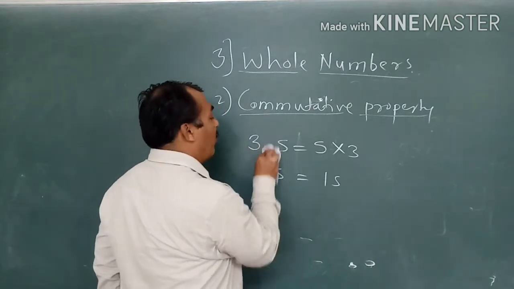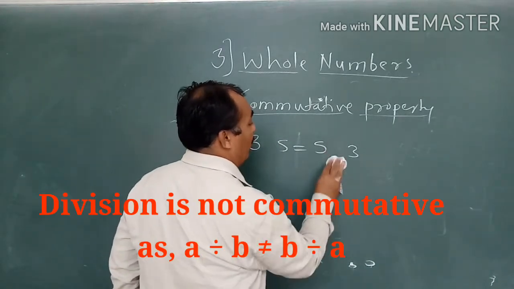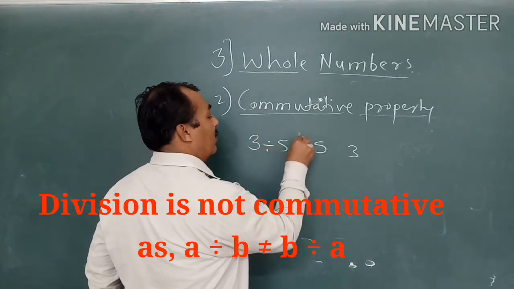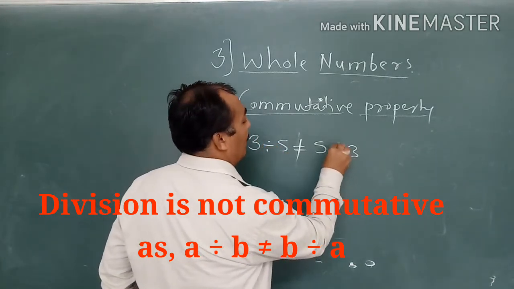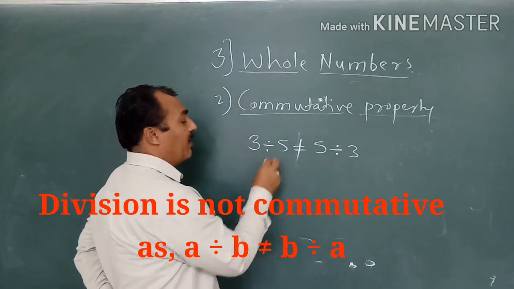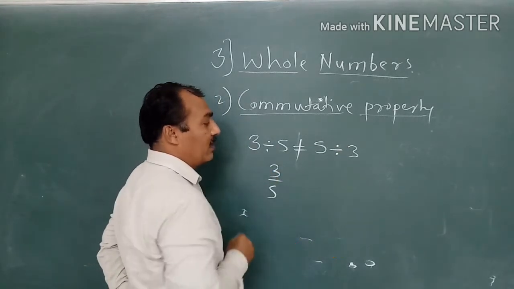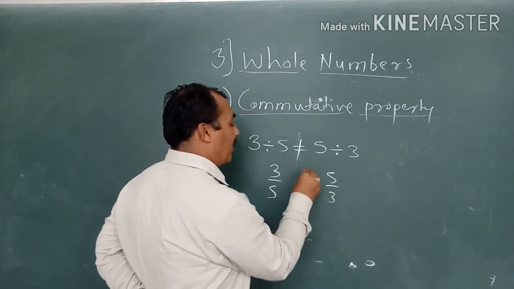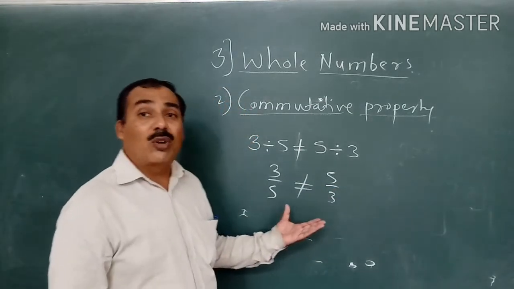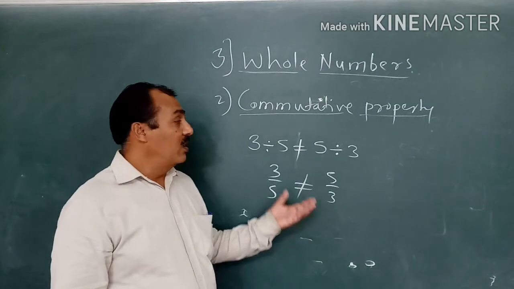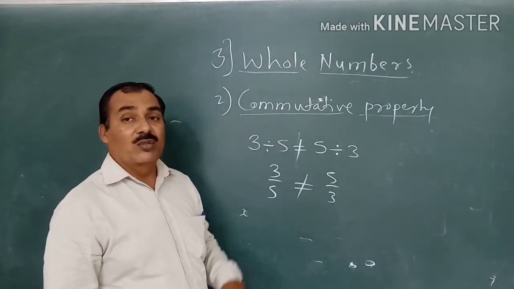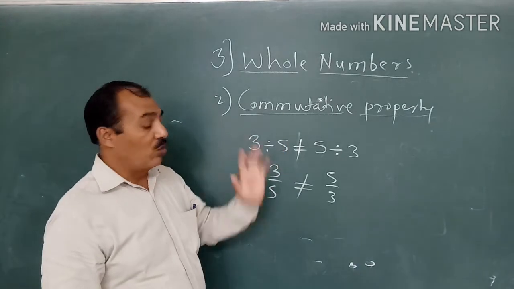But division of whole numbers is not commutative. 3 divided by 5 is not equal to 5 divided by 3. 3 divided by 5 is 3 by 5, and 5 divided by 3 is 5 by 3. Are they equal? They are not equal. That means division of whole numbers is not commutative.